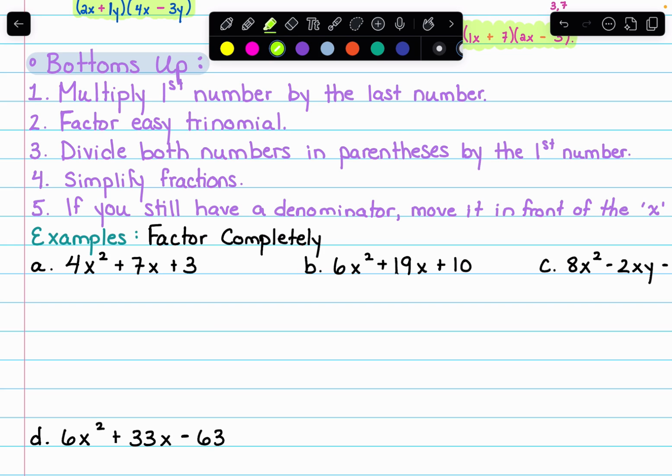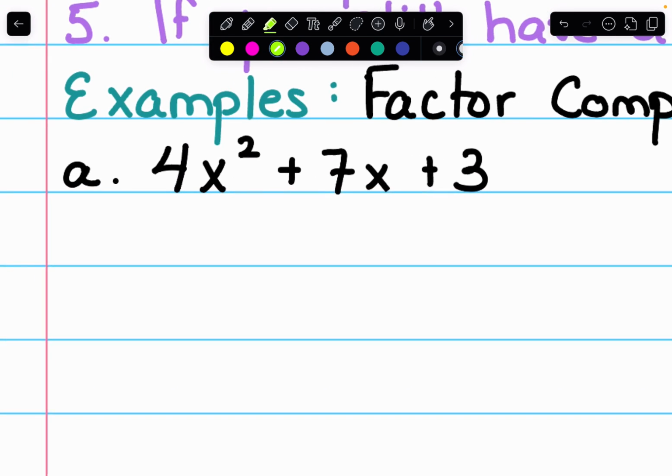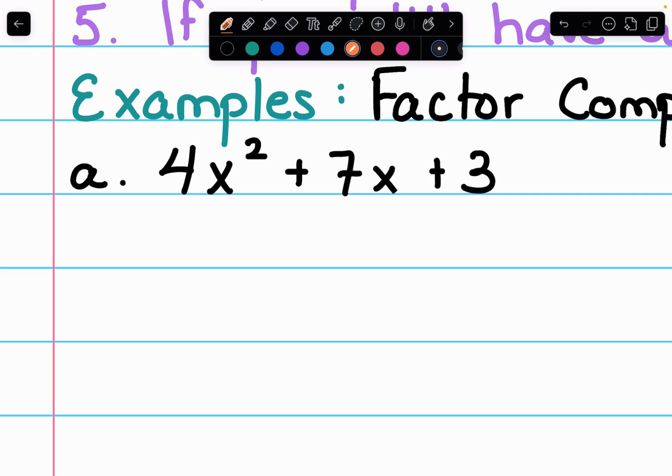All right. This method is much more procedure-like. So you're going to do the same thing every single time. All right. So that first step says multiply the first number by the last number. So what you're going to do is you're going to grab this number and you're going to take it over here to the end. Okay. So you're actually going to move it over there.